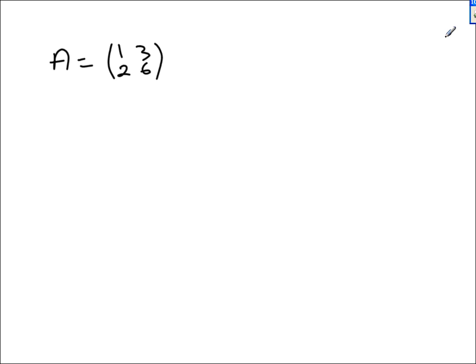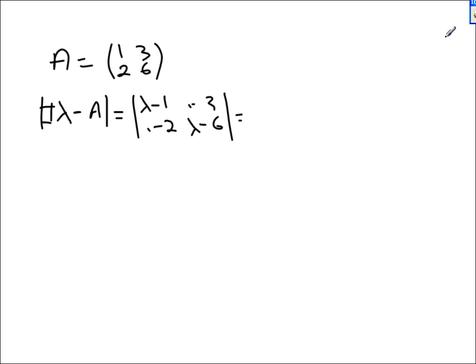Is A diagonalizable? So first we compute the determinant of lambda I minus A. Here is minus A, and we put the lambdas in front, only on the diagonals. This determinant is lambda minus 1 times lambda minus 6 minus negative 2 times negative 3, which is positive 6.